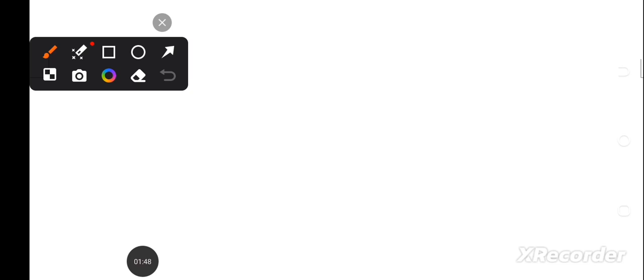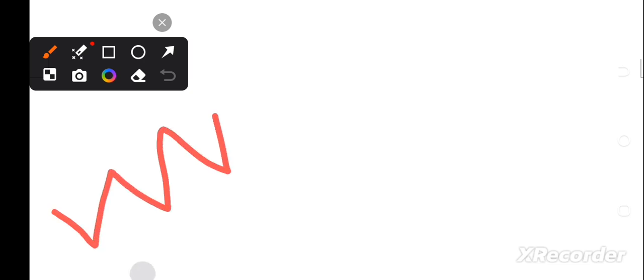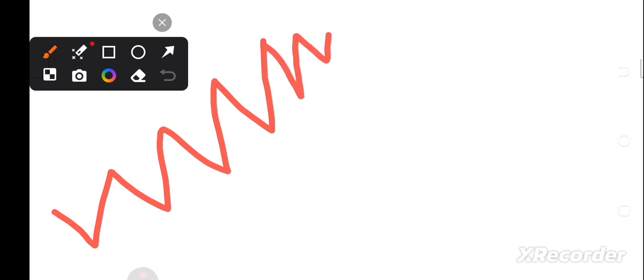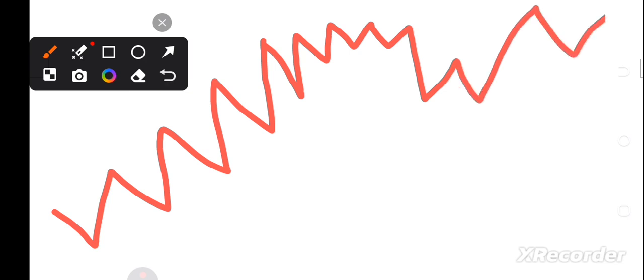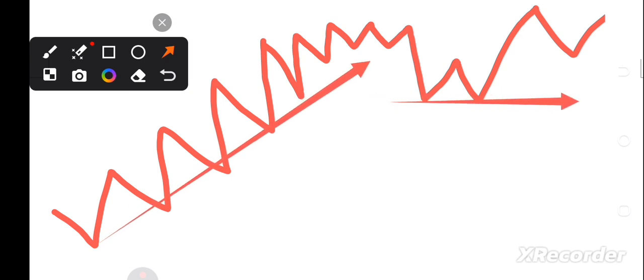So for example, let's say this is our major trend, and then suddenly, this is the pullback phase, and then this is the continuation of the trend.